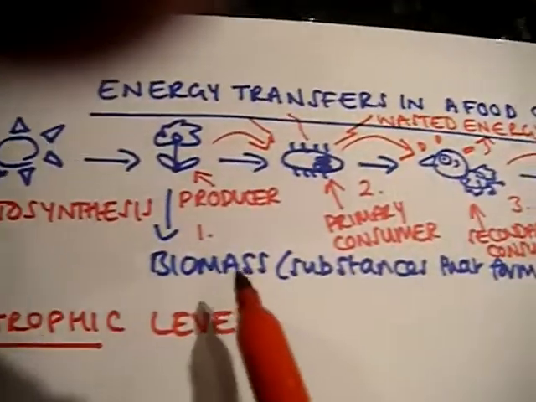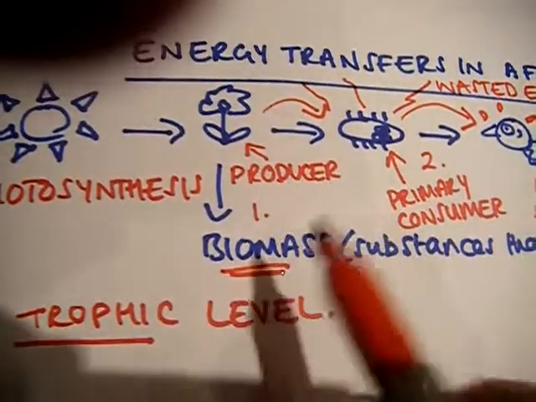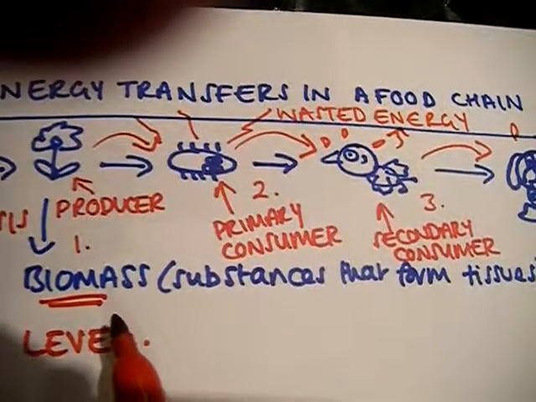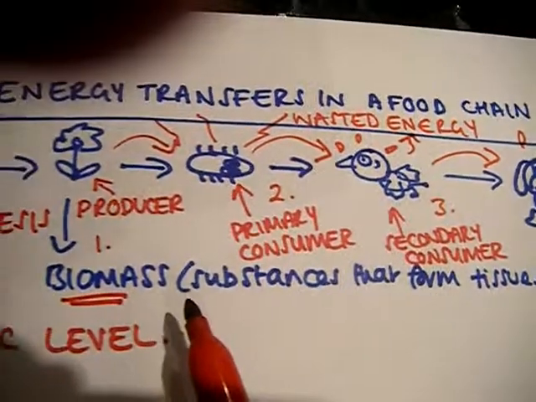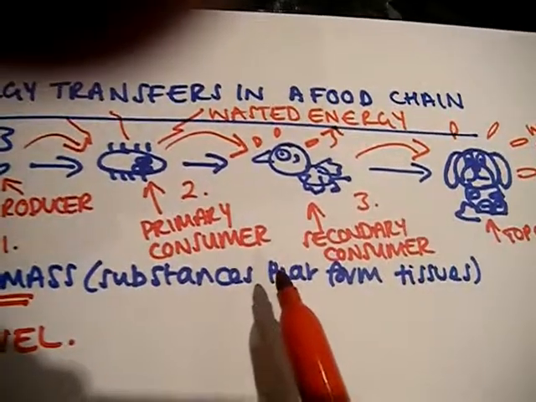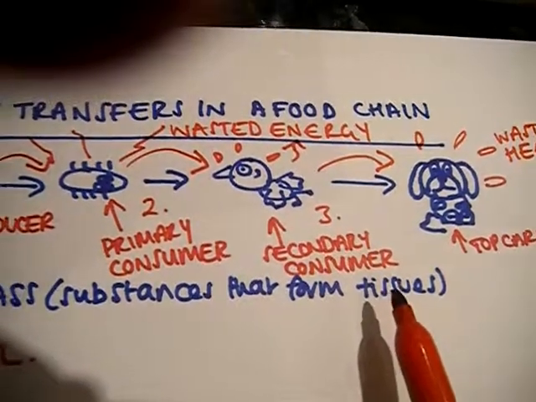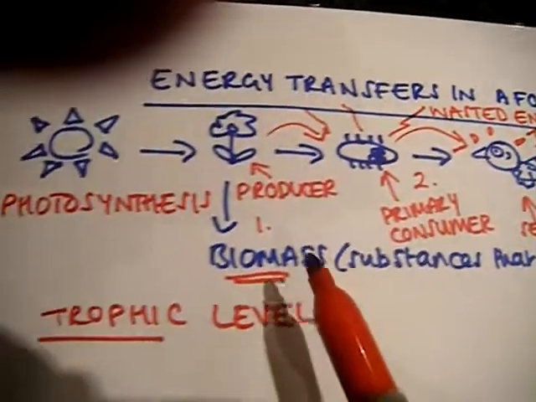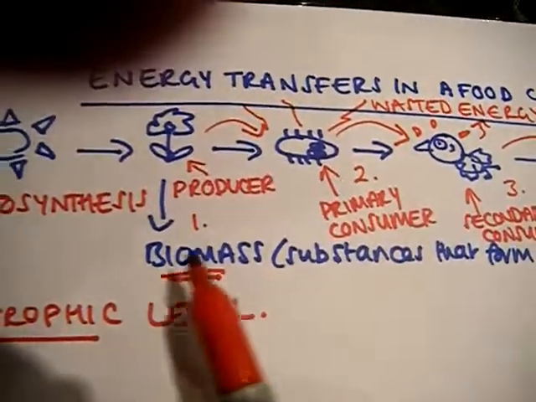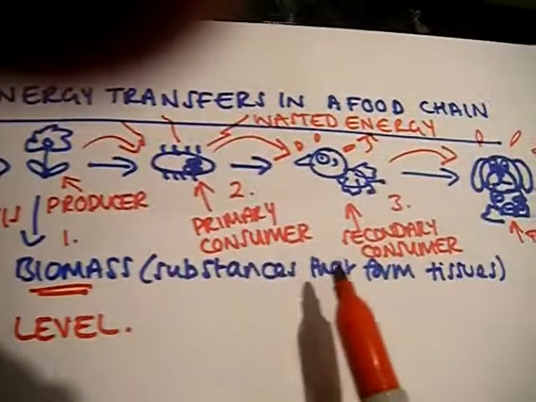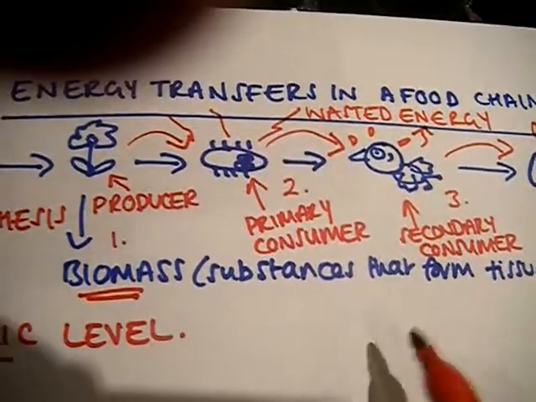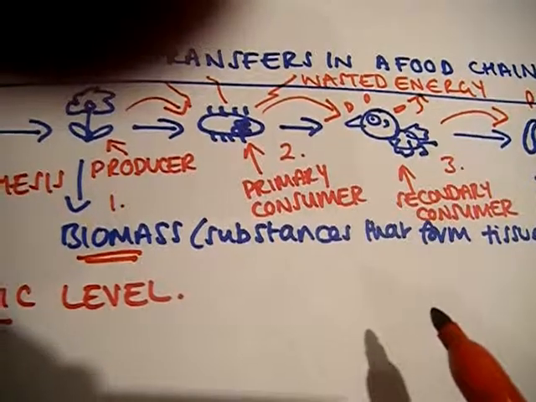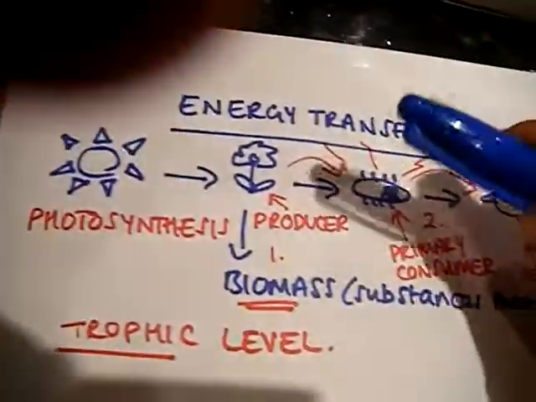A key word that you need to know is biomass. Biomass is the name for the weight of all the substances that form tissues. So if you take these values for biomass, you can produce a pyramid of biomass. So I'll draw that.